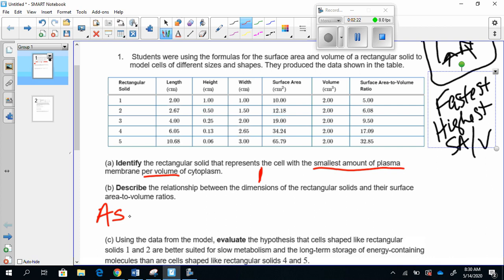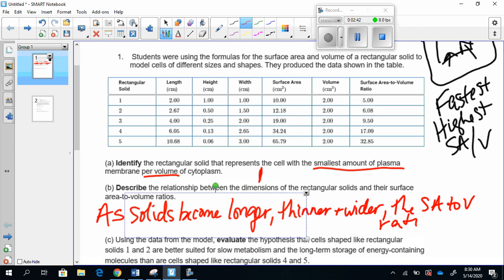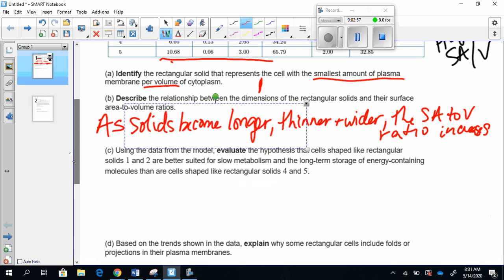So as the solids become longer, thinner, and wider, the surface area to volume ratio increases. So I want to take into account all 3 of these things, right? So when it becomes longer, thinner, not as high, and wider, the surface area to volume increases.